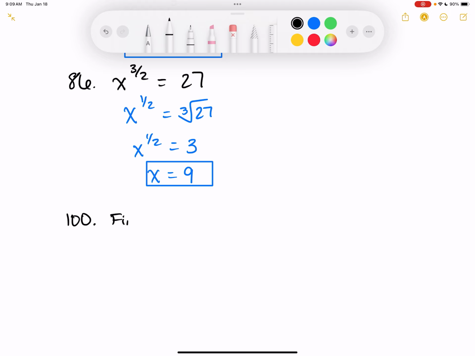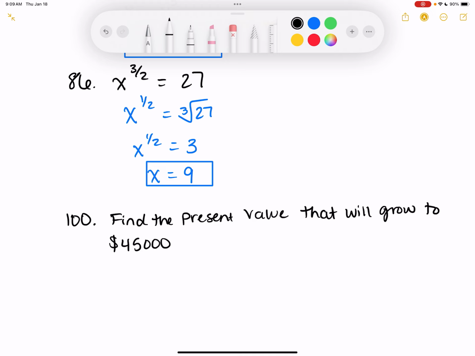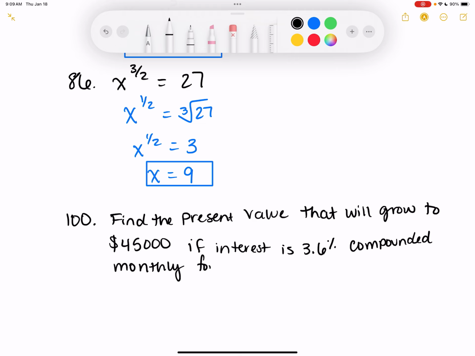Find the present value that will grow to $45,000 if interest is 3.6% compounded monthly for 1 year.